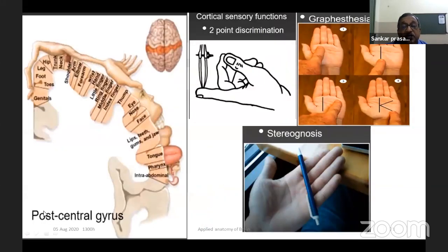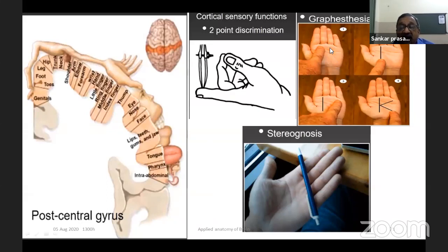So, the sensory system, the processing of sensory information. Usually the crude senses reach the thalamus, but beyond the thalamus, the third order neuron carries the sensations of pinprick, pain, temperature, vibration, and proprioception into the post-central gyrus of the parietal cortex, where a lot of memories are stored in the surrounding unimodal and multimodal percepts, and these are used to process the sensory information.